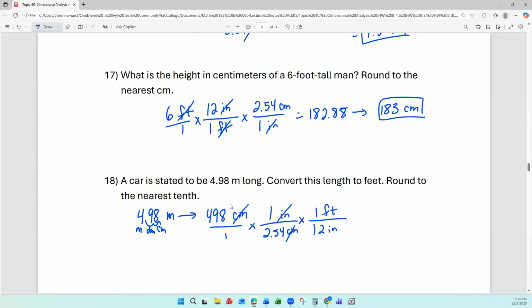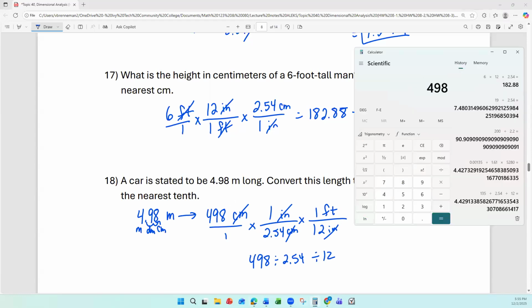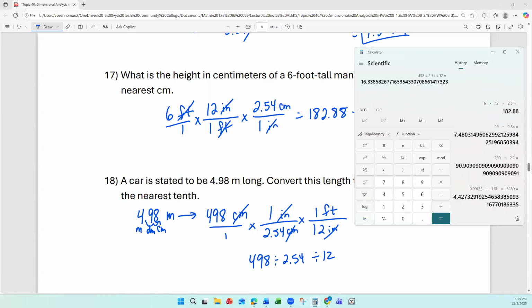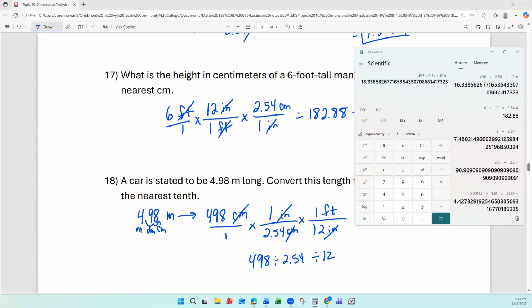Getting those top and bottom units to cancel, it's going to be 498 divided by 2.54 and divided by 12. That's 16.3.